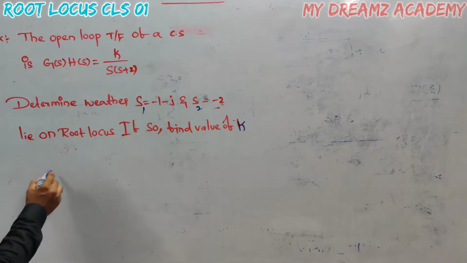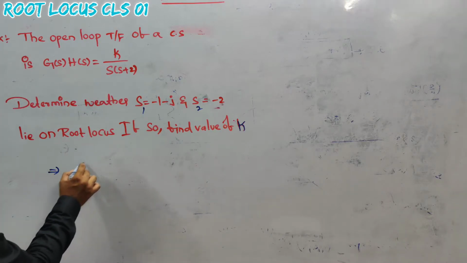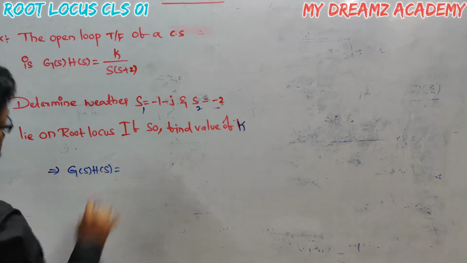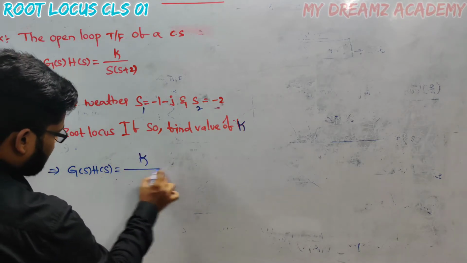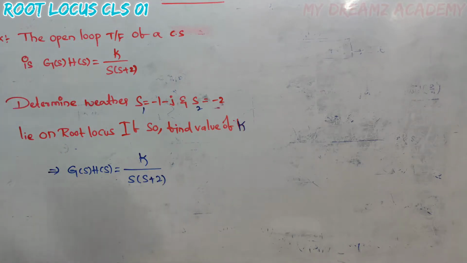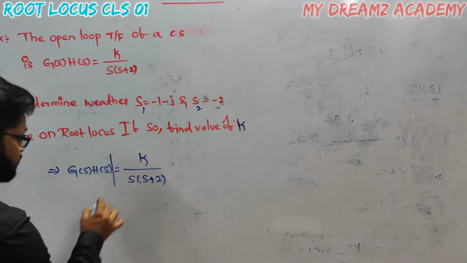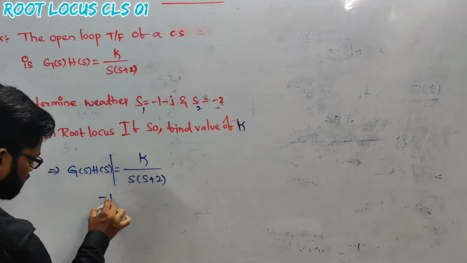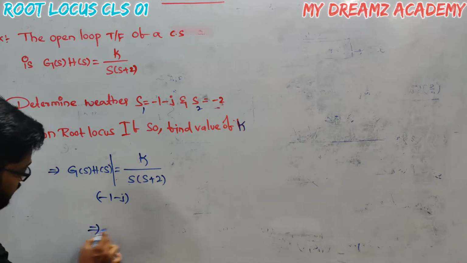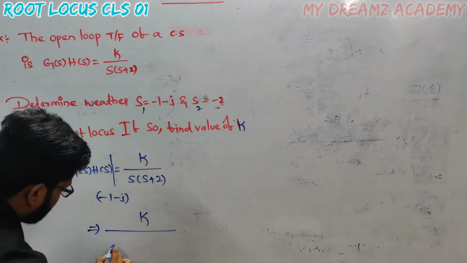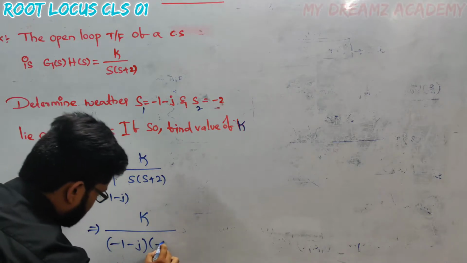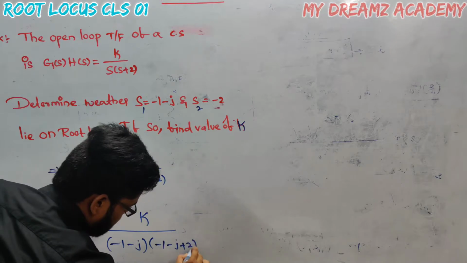Let us consider this transfer function, G(s) H(s) equals K by s into s plus 2, at the point minus 1 minus j. So substitute in this: K by minus 1 minus j into minus 1 minus j plus 2.